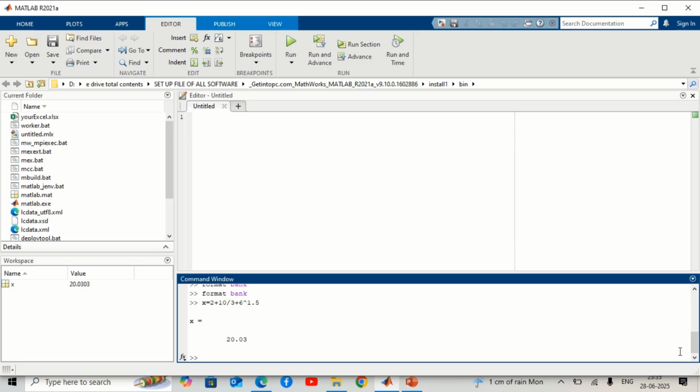Now if we use the format short e command, which allows displaying in exponential form with 4 decimal places plus the exponent value.